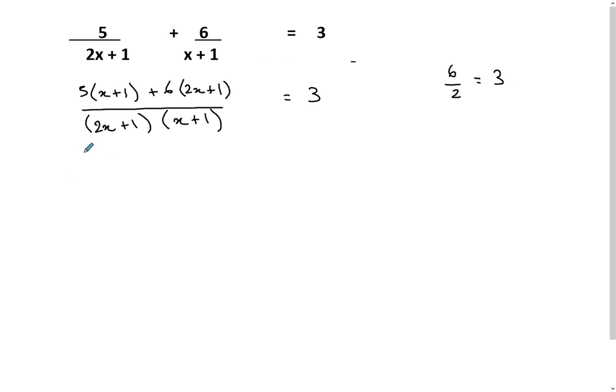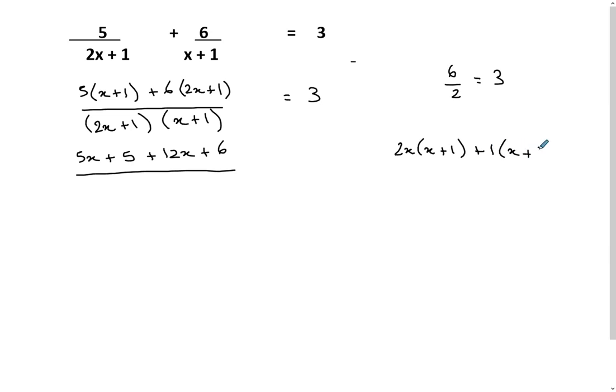Close your brackets there, and then let's expand. So you've got 5x plus 5 plus 12x plus 6 divided by, now here, try and expand it. So we'll just expand it my way. So do you remember I do 2x times x plus 1 plus 1 times x plus 1. And you get 2x squared plus 2x plus x plus 1.